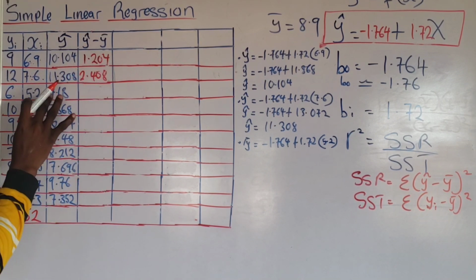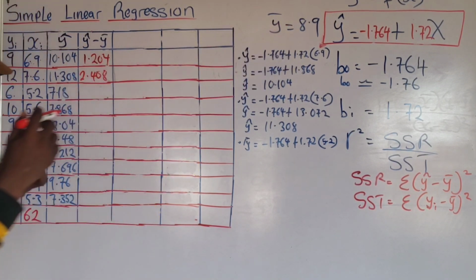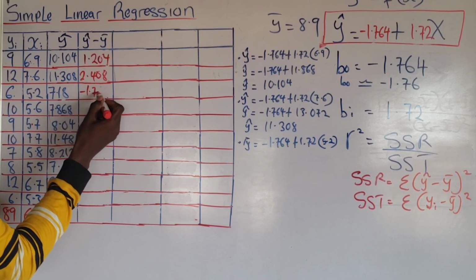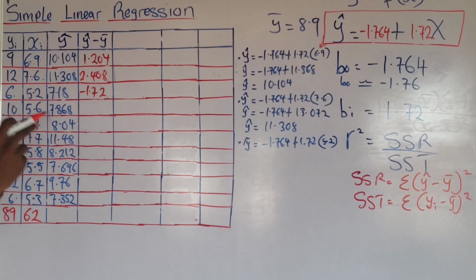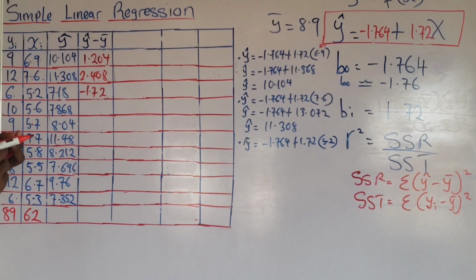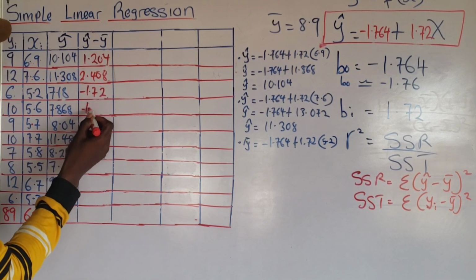Now for the next cell, 7.18 minus 8.9, that is negative 1.72. So 7.868 minus 8.9, that is negative 1.032.